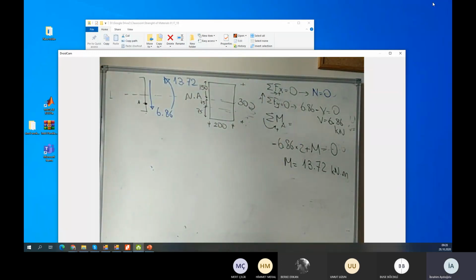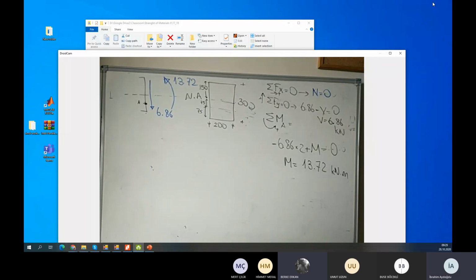Now we are ready to pass to step 2. Find the stresses. Which type of stresses occur on this cross-section A? First of all, I can ask you, does moment occur or not on this section? Yes or no? Does moment occur?